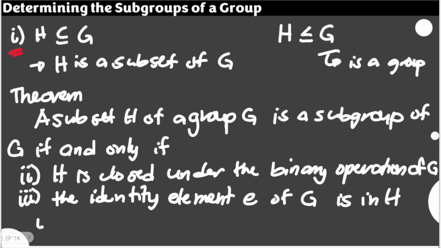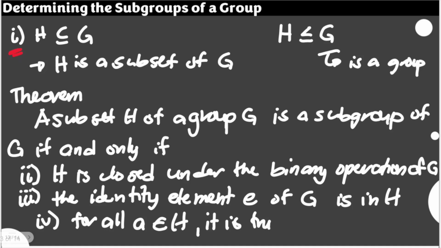And the last one, the third one supposedly for this theorem, but the fourth one to be considered, is for all a element in H, the inverse must be in H also. Take note that all of these elements we're talking about are already elements of G, and G is already a group.